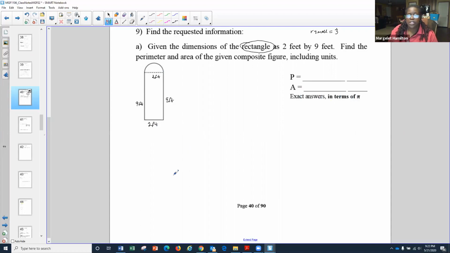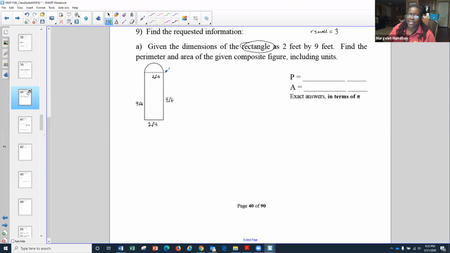So now, looking at what they gave us, what are we missing? We want to find the perimeter, and we know that the perimeter means to add up all the sides. Do we have all the sides yet? The answer would be no, right? We have this, this, and this. That's great. But we don't have this part up here.